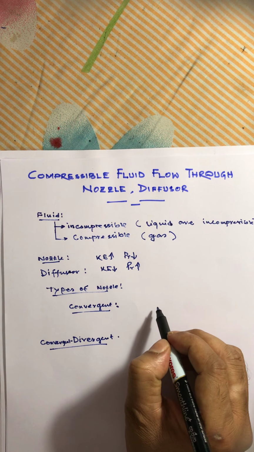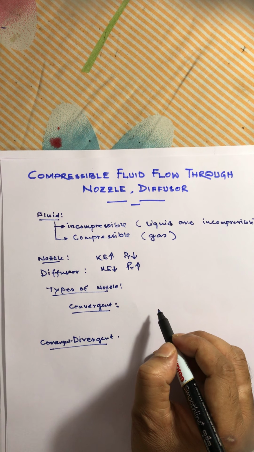In convergent nozzle, the cross section area gradually decreases towards the exit and is minimum at the outlet.